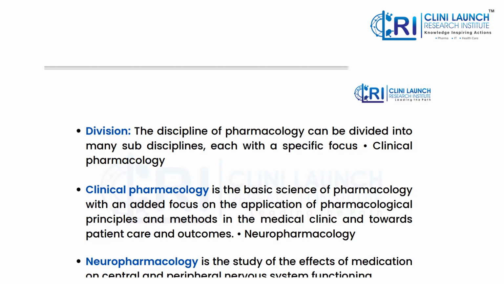Then the last thing that we discuss is pharmacoepidemiology. Pharmacoepidemiology is the study of the effect of drugs on large populations. For example, recently we had COVID-19, and we cannot say that it is over now. It isn't, because if you check, there are various comorbidities that COVID-19 has caused.